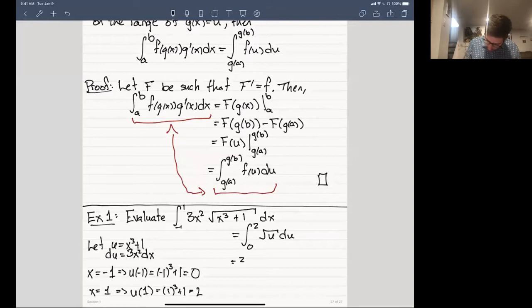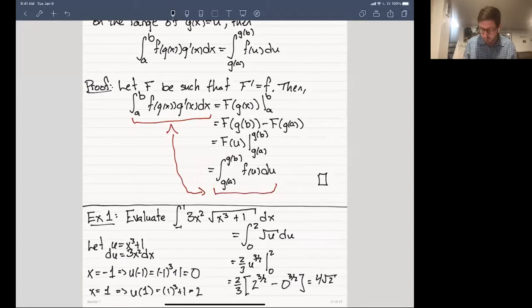This is equal to 2/3 u to the 3/2 running from 0 to 2, which is equal to 2/3 times 2 to the 3/2 minus 0 to the 3/2, which I'm going to squeeze in just because I'm running out of space here. After some manipulations, this becomes 4 times the square root of 2 over 3.